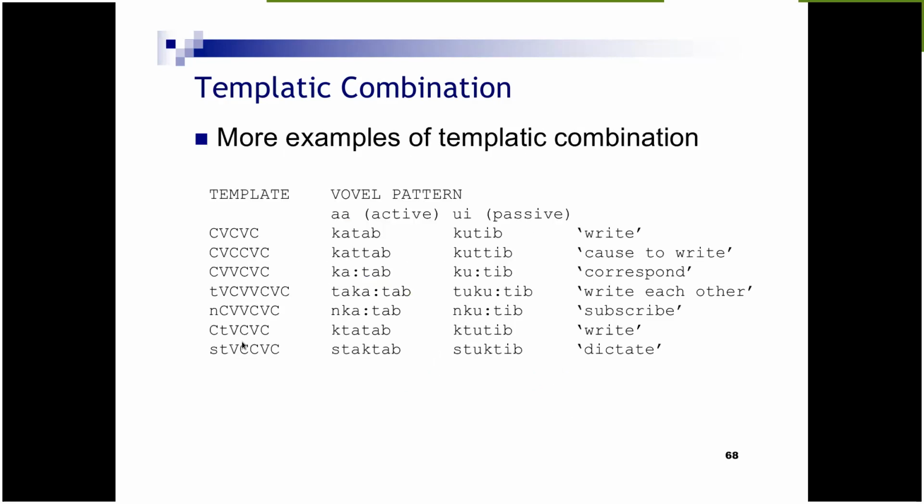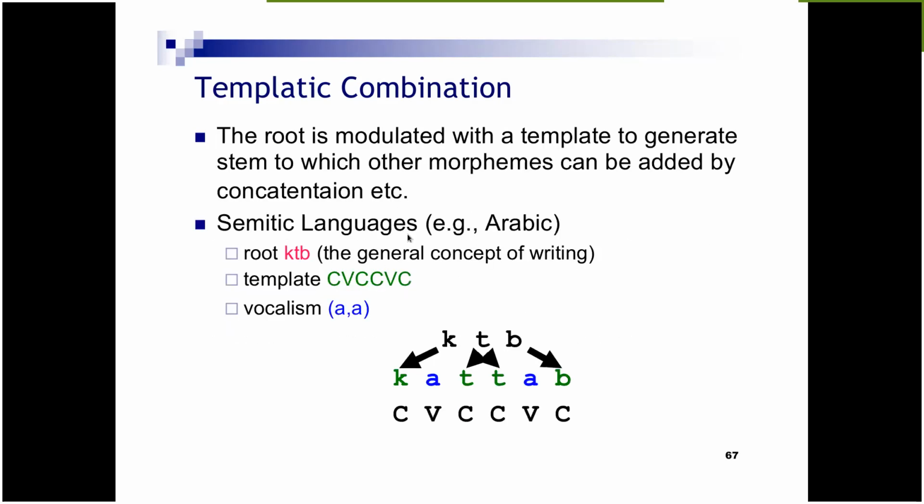I think they give more examples here. When you are conjugating or expressing words in Arabic, you have to fill in these patterns, and then it gets a sense. But initially the root doesn't. So the root KTB, I'm not sure if it means reading or something.